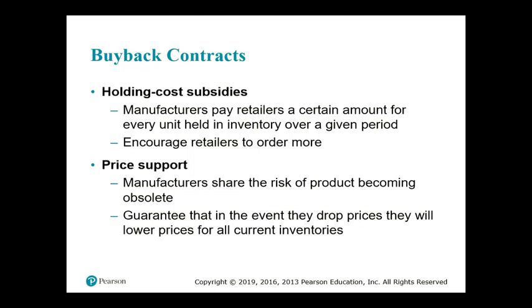And then another mechanism is price support. So this often happens when there is a product with high obsolescence rate. So high-tech products, for example. Then, because of the high obsolescence, that deters the retailer from ordering more, right? And now with the price support, the manufacturer is saying, okay, don't worry too much about obsolescence.